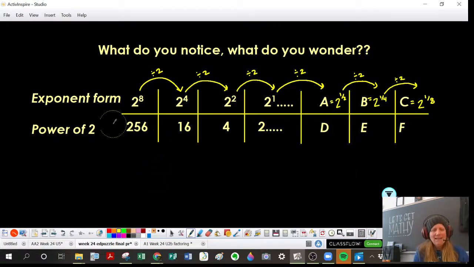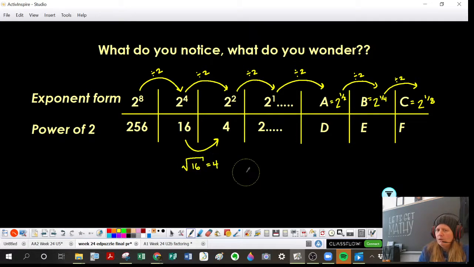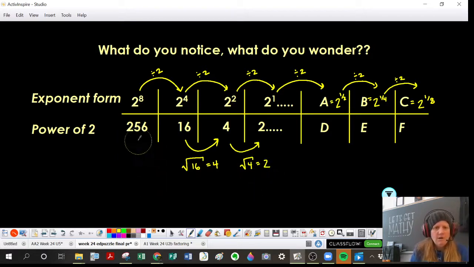Well, can we make a connection now to the powers? Now, 256 to 16, maybe nobody's really seeing that connection. But from 16 to 4, well, I remember the square root of 16 is 4. I also see that the square root of 4 is 2. Is the square root of 256 16?